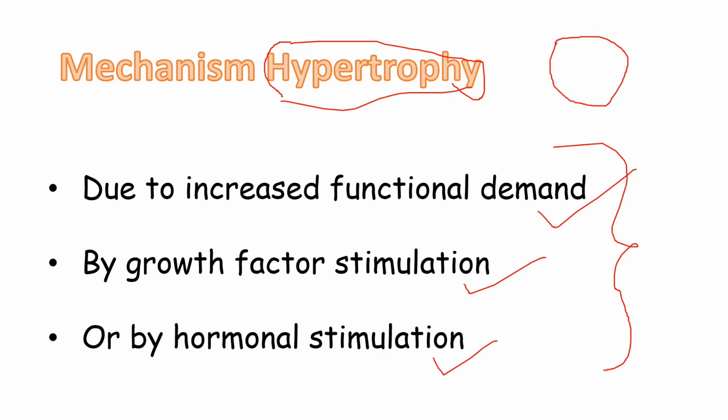Whenever the cell has increased workload, what will happen is on the surface of the cell there are something called mechanical sensors. Then we have some receptors for growth factors, like insulin-like growth factor, transforming growth factor beta, and fibroblast growth factor.